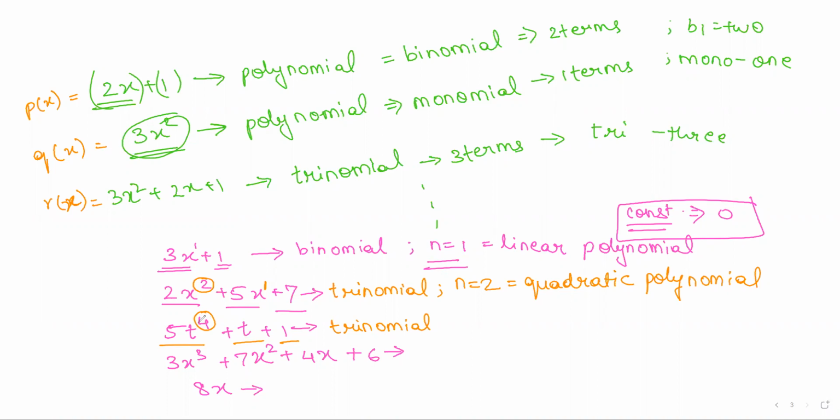In the second term, the power of t is 1. Third term, power of t is 0. Maximum power of t is 4. So n is equal to 4. This is called a biquadratic. Biquadratic means 2 times 2. Quad means 2. So 2 times 2. Biquadratic polynomial.